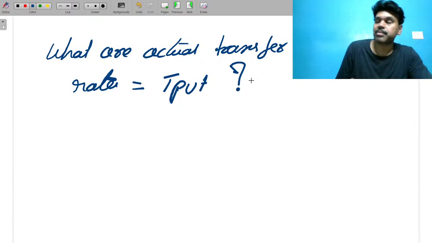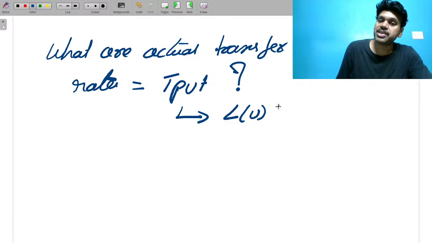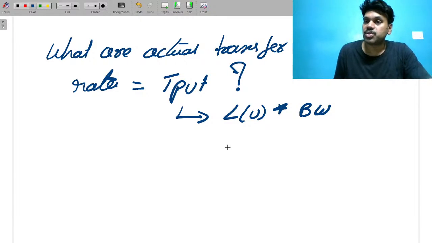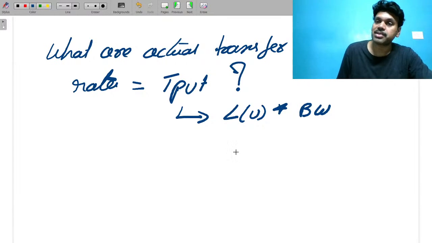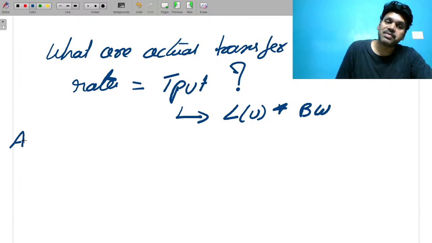Indirectly he is asking, we know the throughput equation, the efficiency into your bandwidth. So 2 ways we have to calculate, one for asynchronous and one for synchronous. I'm doing asynchronous first of all.